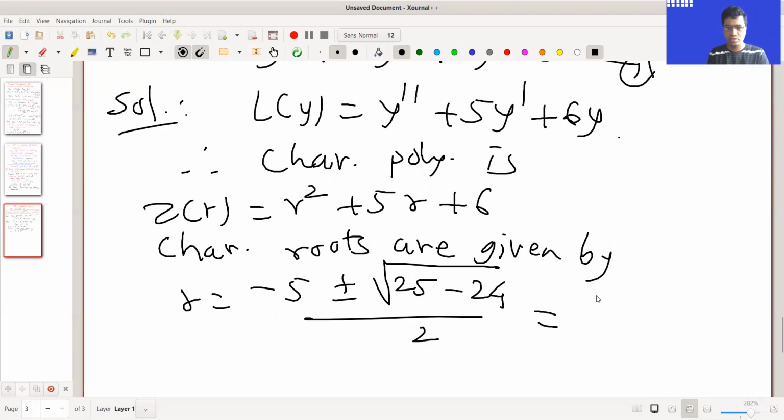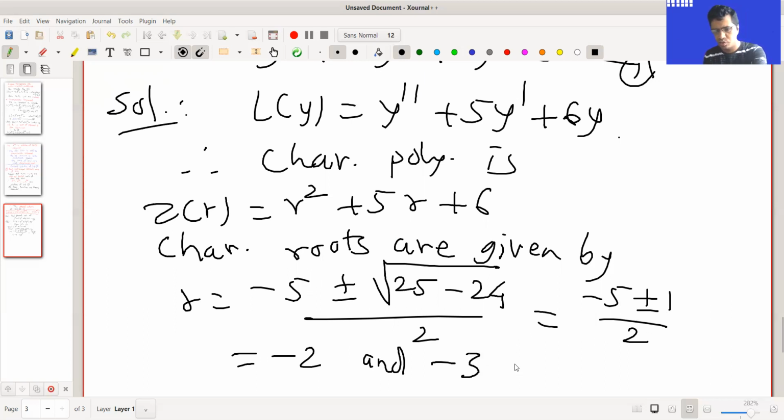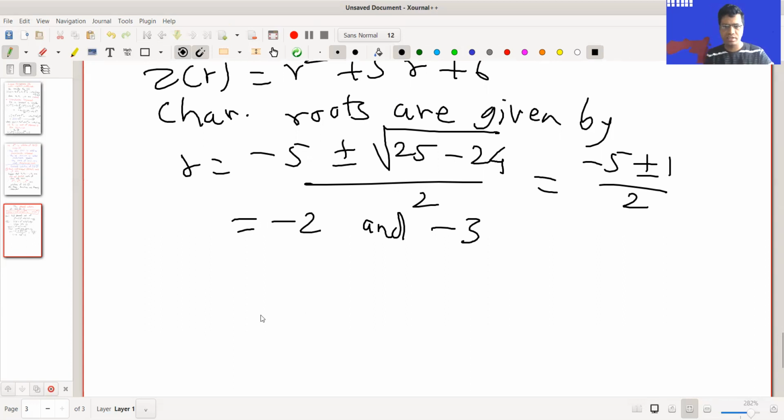So this is minus 5 plus or minus 1 divided by 2. If we take the plus sign, it is minus 5 plus 1, that is minus 4 by 2, so minus 2, and if we take the minus sign, it is minus 5 minus 1, minus 6 by 2, that is minus 3. So we find real and distinct roots.